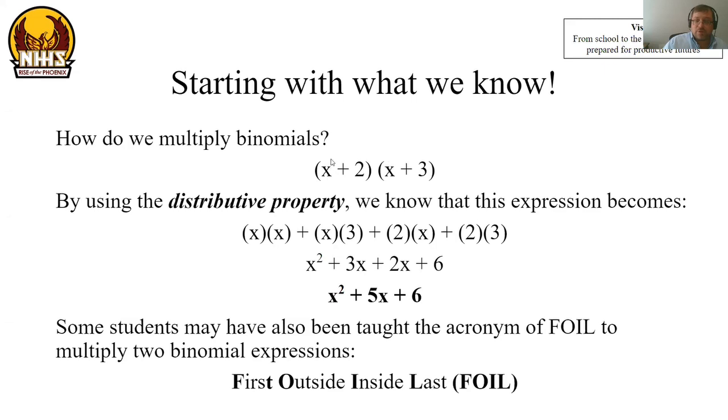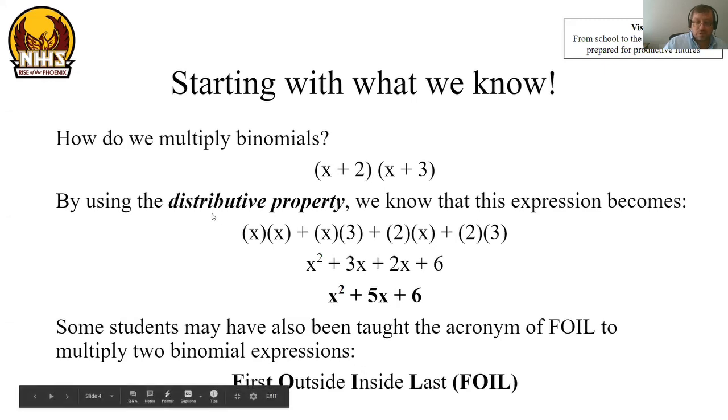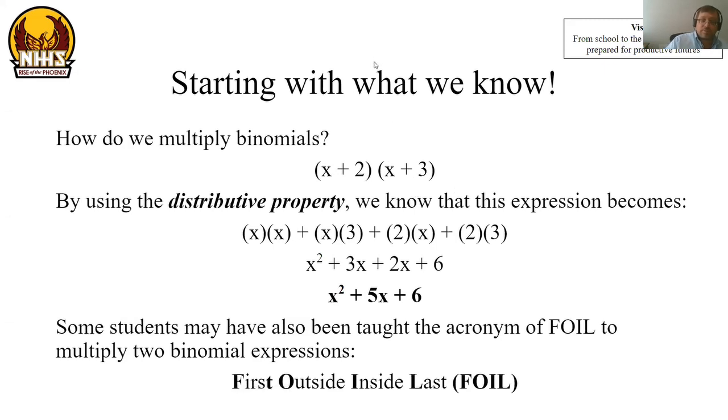You take the first term and multiply it by the second term of the second binomial, x times 3, and so forth. And you get a trinomial. That's expanding it out. Some students learn it as distributive property. Some students learn it as FOIL. The key is to make sure that you understand how to do the basic distributive property.